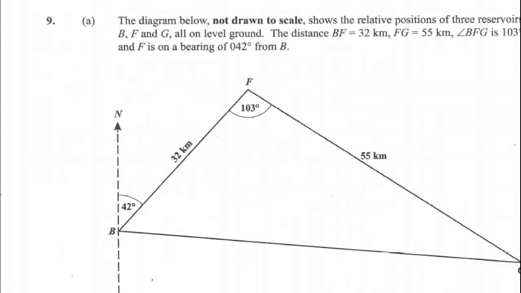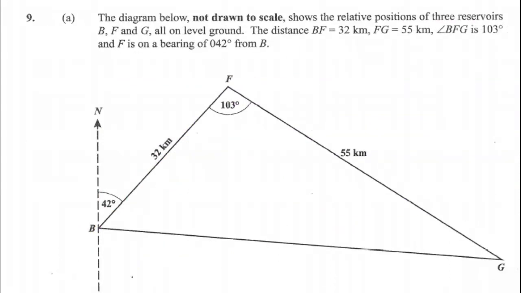So we're now at number 9. In the diagram, the relative position of 3 reservoirs, B, F, and G, all on level ground, we're given some distances and some angles and bearings, right?